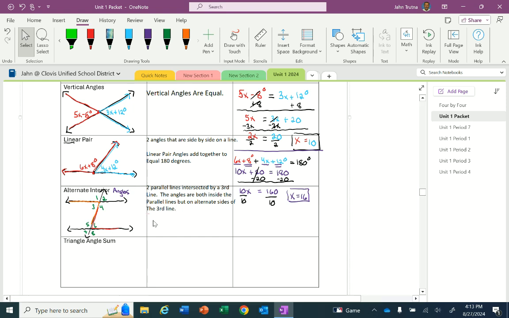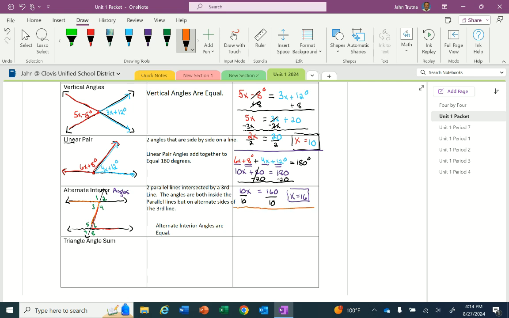And here's the relationship of alternate interior angles. Alternate interior angles are equal. So just like vertical angles, alternate interior angles are always equal to each other.